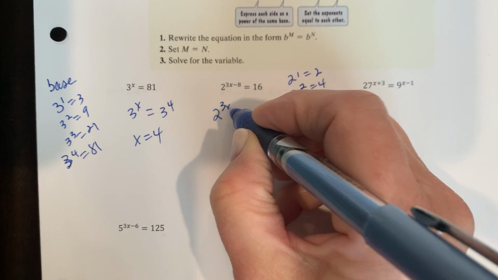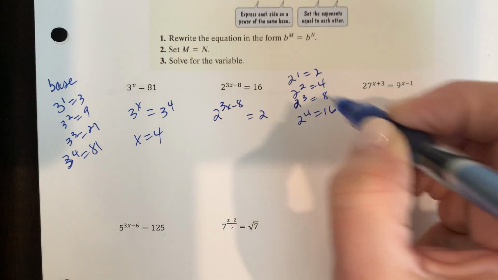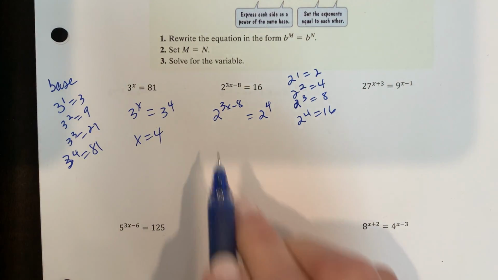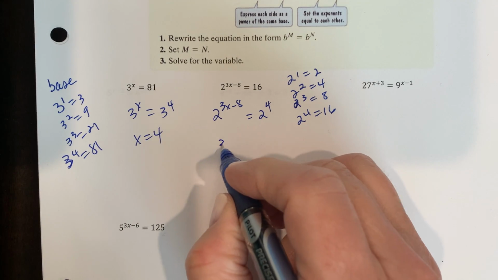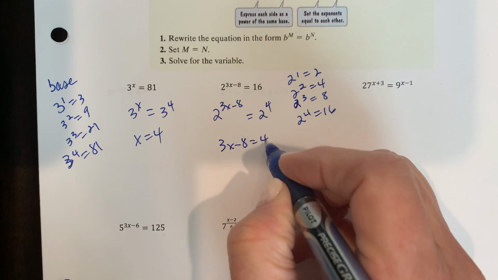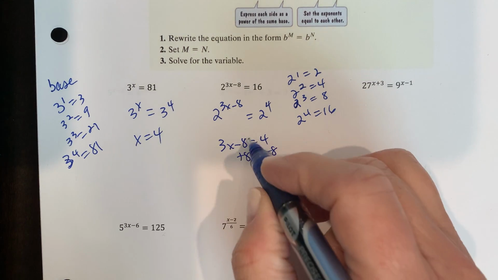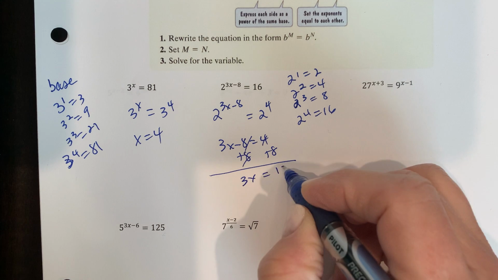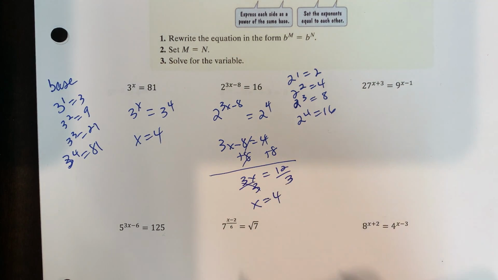So I'm going to rewrite this as 2 raised to the 3x minus 8, and then 16, I'm going to write as 2 to the fourth. Then as soon as your bases are the same, you can set the exponents equal to each other. Then add 8 to both sides. I get 3x equals 12, divide by 3, and x equals 4.